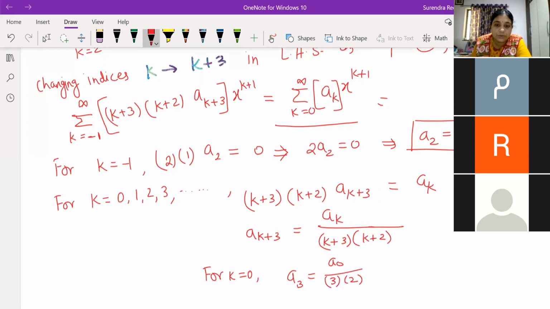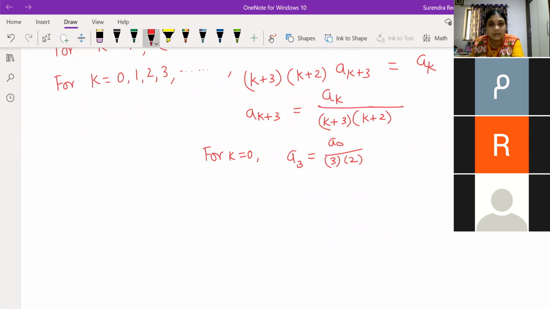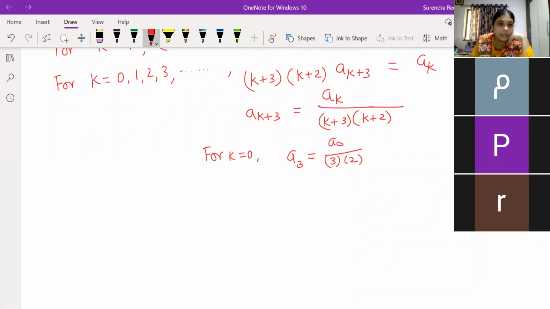So for k is equal to 0, 1, 2, 3, I have this relation between the coefficients a k plus 3 and ak. For different values of k, I will have different values.